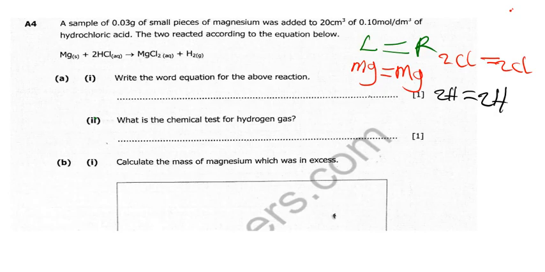So the first question says write the word equation for the above reaction. What we've been given here is a chemical equation. We just have to interpret it in words.